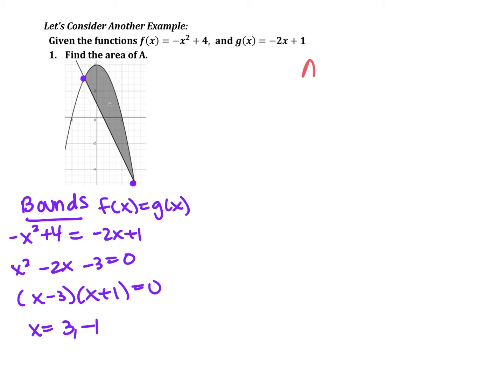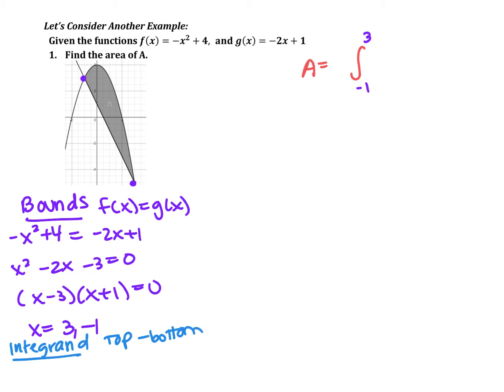So eventually I'm going to set up an area integral. And the lower bound is going to be the smaller x value I found. And the upper bound is going to be the larger x value that I found. Now we need to figure out what's going on with our integrand. The integrand is just the inside of the integral, so we need to figure out which function is on the top and which function is on the bottom.